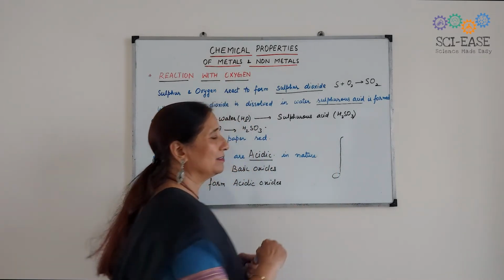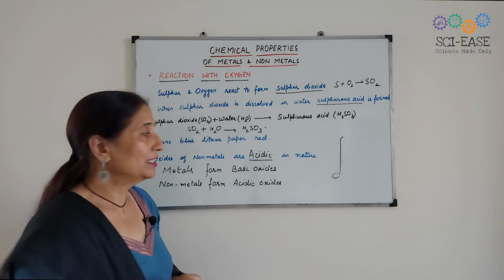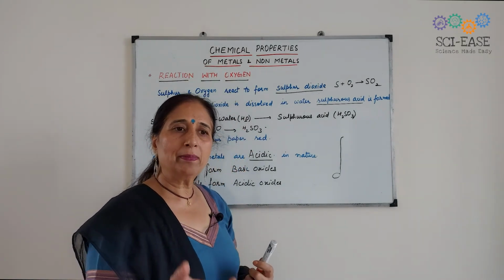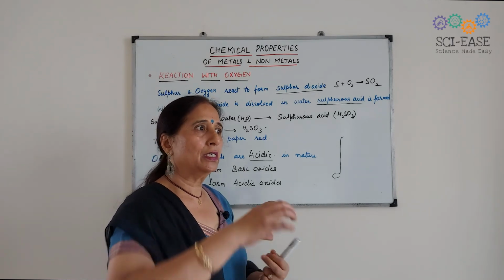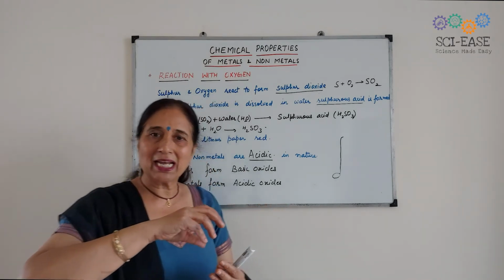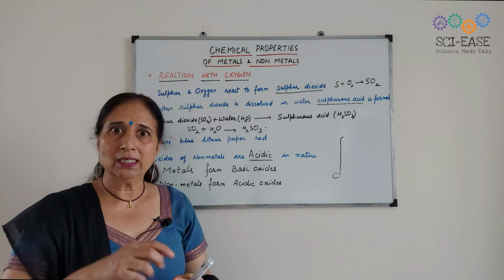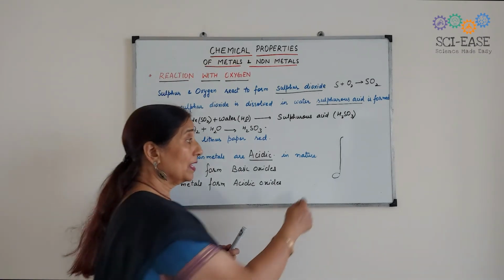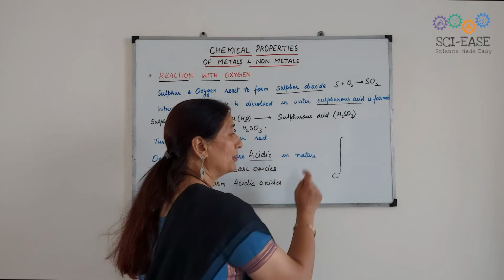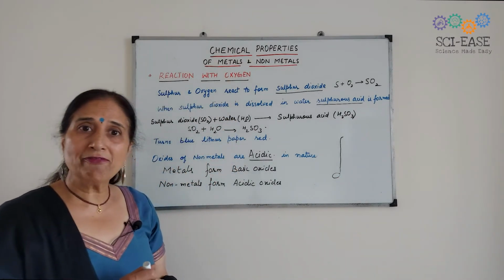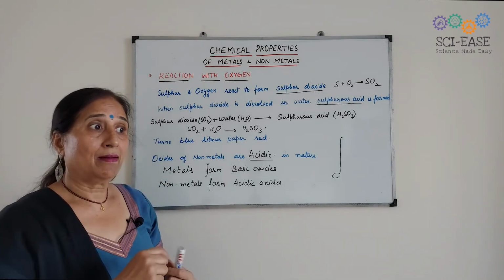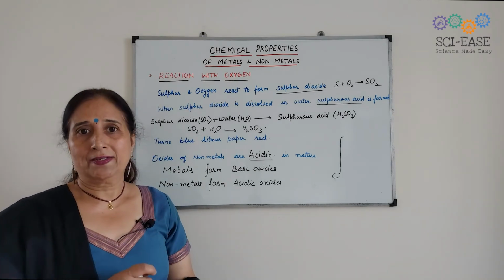You take the sulfur in a deflagrating spoon. If that is not available, you can take the metallic cap of any bottle, and then tie up a wire to it. Now take sulfur powder on this deflagrating spoon, and then burn it.